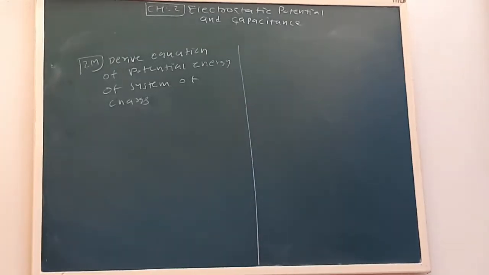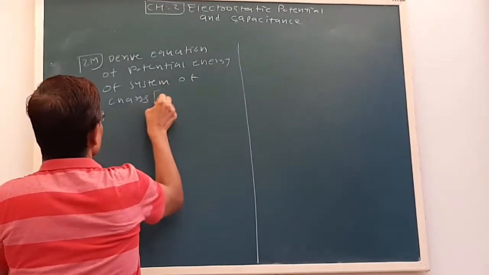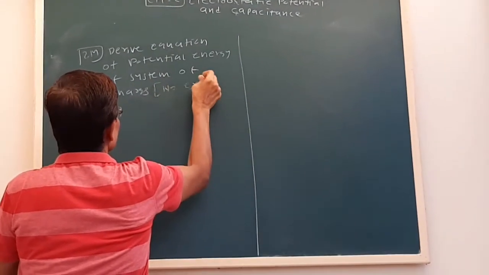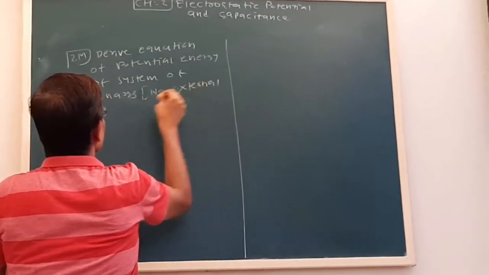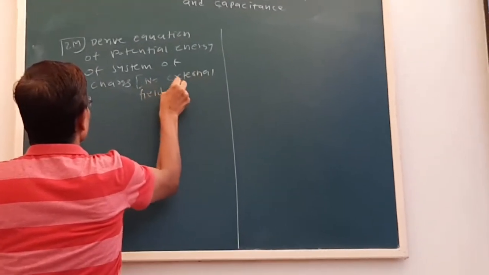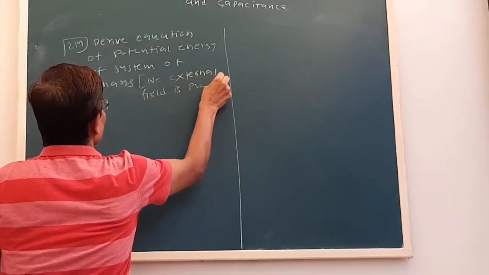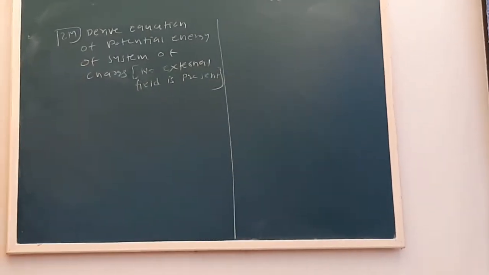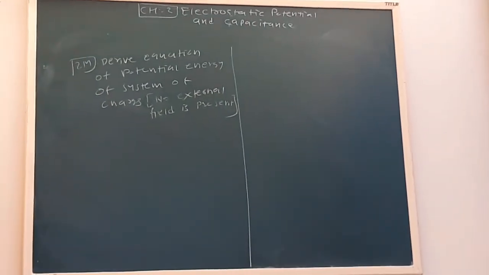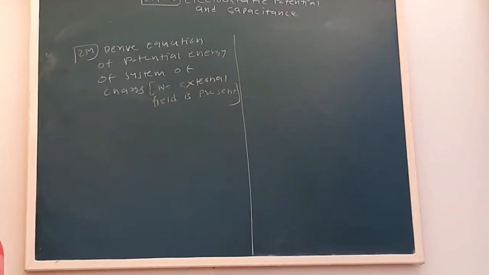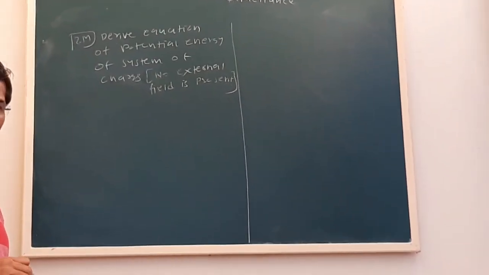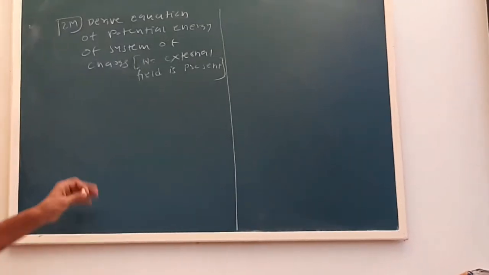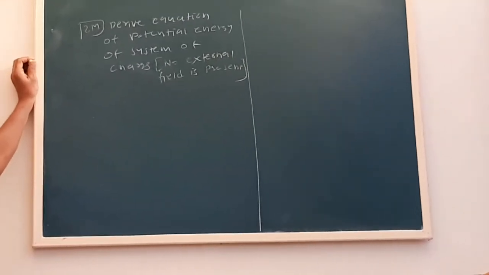But here we assume that no external field is present. That means initially, let us say all our point charges are at infinity and no external field is present.